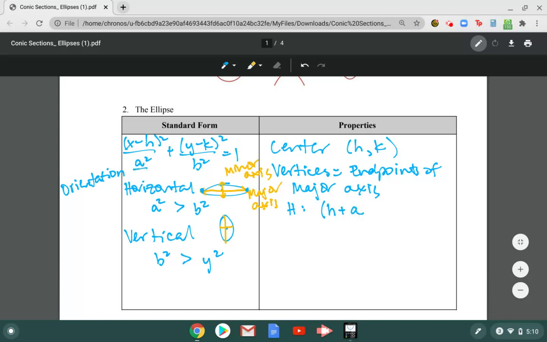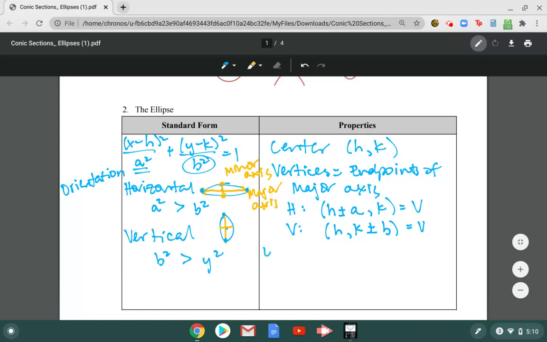The number that's associated with the x term is going to be the distance center to an endpoint in the x direction. So h plus a, and I could really say h plus or minus a comma k. This would be a vertex. If we're in the vertical direction, it's going to be a change in the y direction. So we want to get to our vertices by going up and down. So that's going to be k plus or minus, and then its distance is b. And this would equal a vertex.